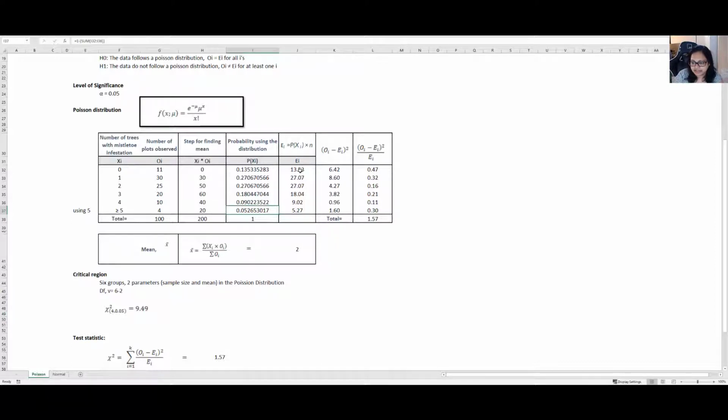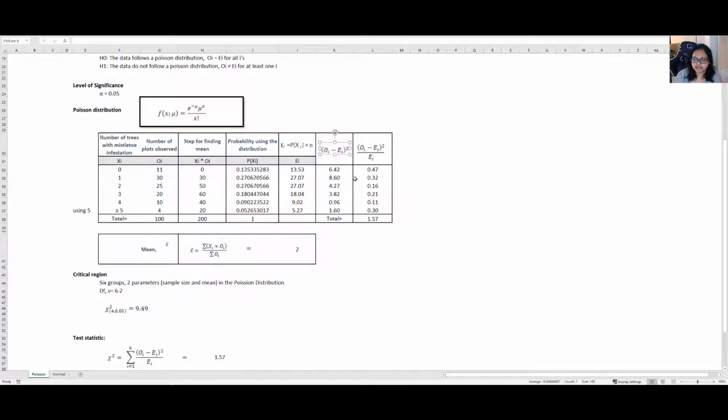And then the expected value would be probability multiplied by the sample size. So you can see for each probability I multiplied by the sample size 100, or the total frequency, and then I got the expected value for each of them. So we found our observed value, we found our expected value. Now we just need to use this formula.